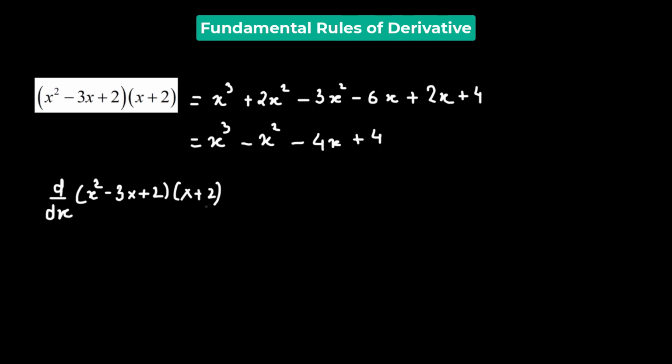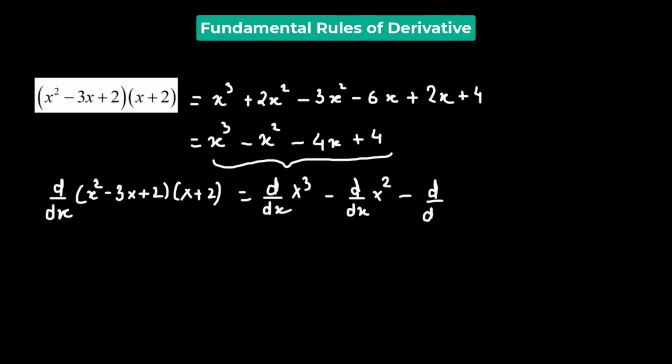It's the same as finding the derivative of the simplified form. So we have the derivative of x cubed minus the derivative of x squared minus the derivative of 4x plus the derivative of the constant function 4.